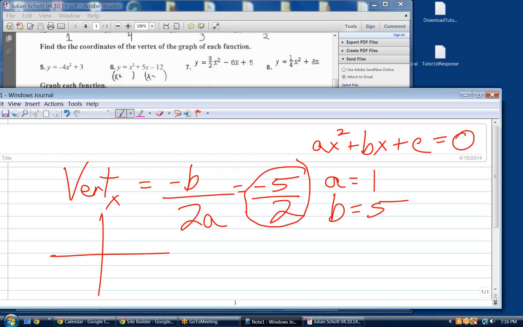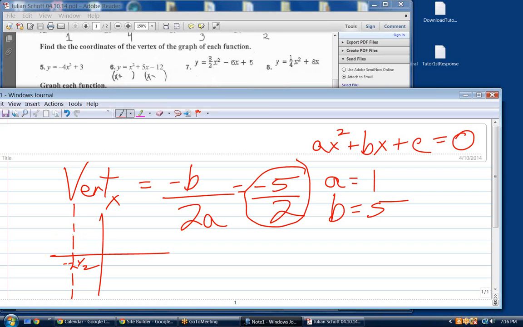If I go to that point, that's minus 2.5. Not only is that the x-coordinate of the vertex, but that's something else that they call the line of symmetry. In other words, my parabola that I end up drawing here has to be symmetrical with that line of symmetry. It has to look the same on the left as it looks on the right of it.